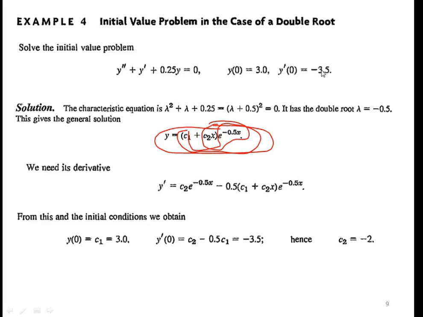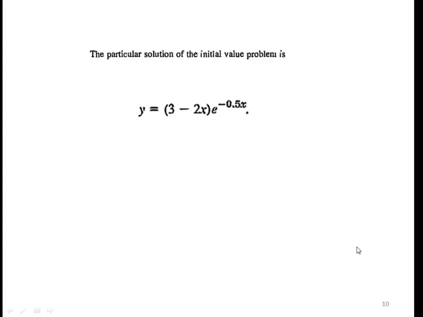Now put x equal to 0 here, and y prime is equal to minus 0.3. And for the solution itself, for x equal to 0, y is equal to 3. So I have two equations with two unknowns. In that case, we can see C1 is equal to 3 and C2 is equal to minus 2.